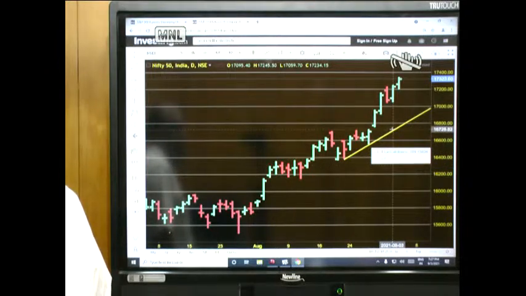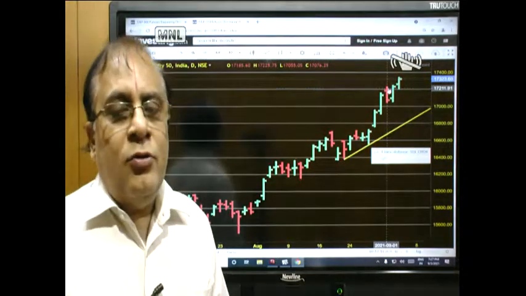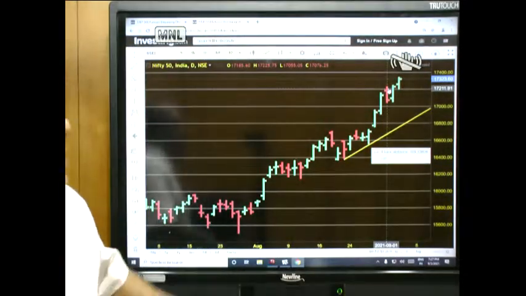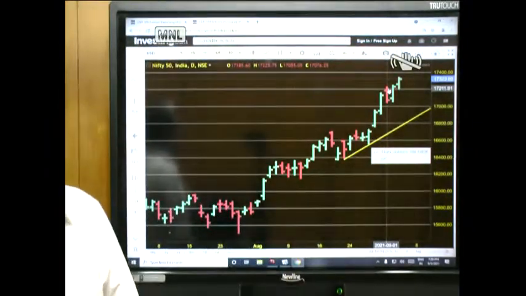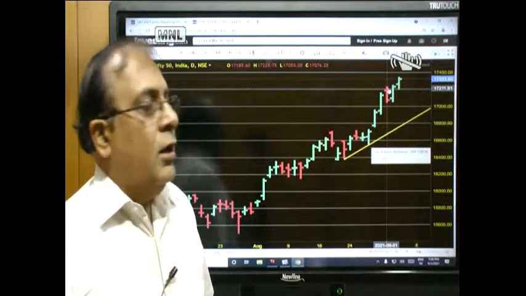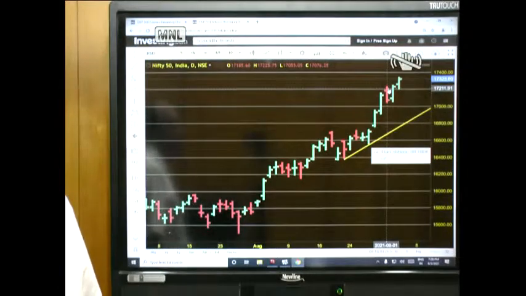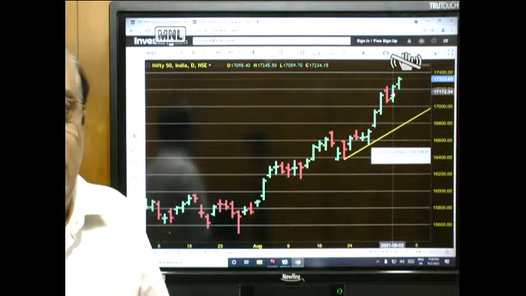If you say it is moving at the rate of 42 points, not 37 points, and we keep this here, this is 17,225. So if you add 42 into 2, today it should have been at 85 points, with the first resistance closer to 17,310. Now, unfortunately, it was much higher, and so we could not get this.